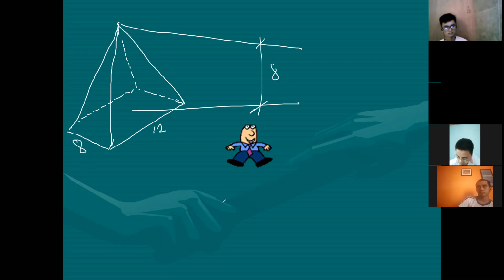Okay, find the surface area of this solid figure. The 8 there is the altitude or the height of your figure. Give it 2 minutes to solve the problem. After 2 minutes, we'll decide on your answer if it's correct or not.